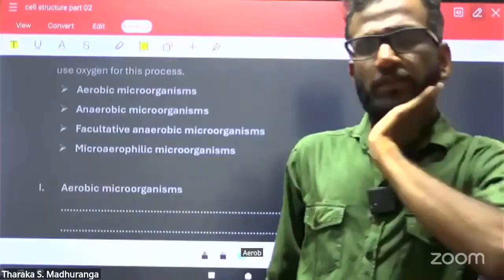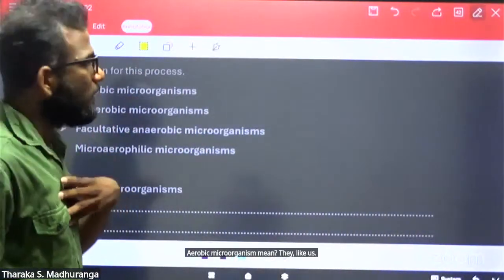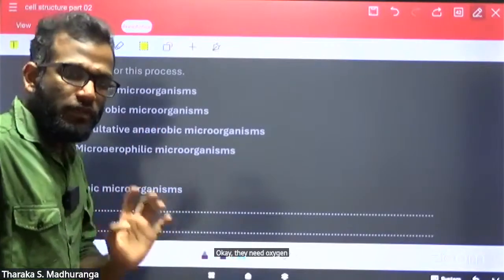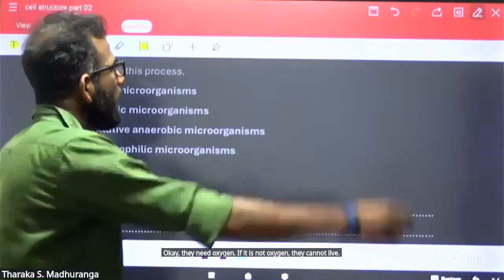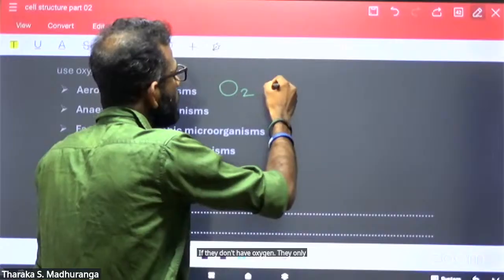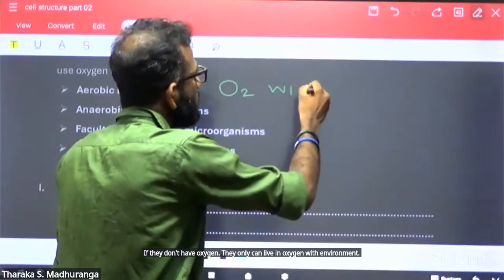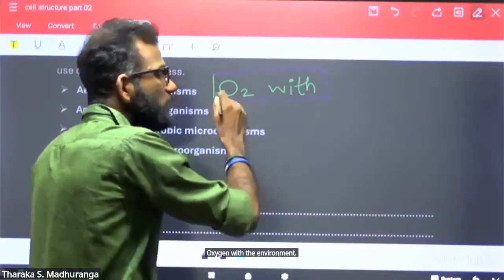Aerobic microorganisms, like us, need oxygen. If there is no oxygen, they cannot live; they can only live in an environment with oxygen.